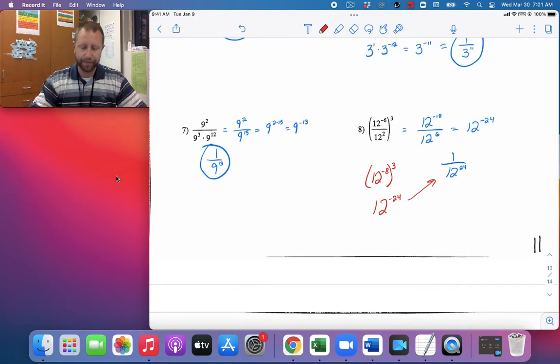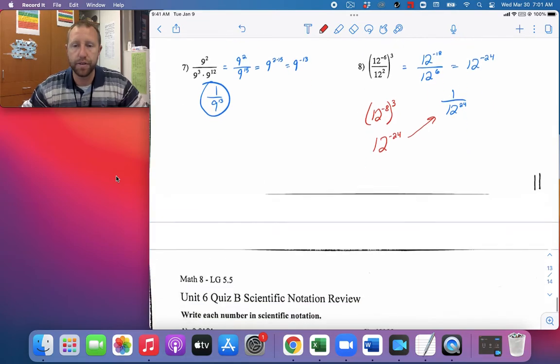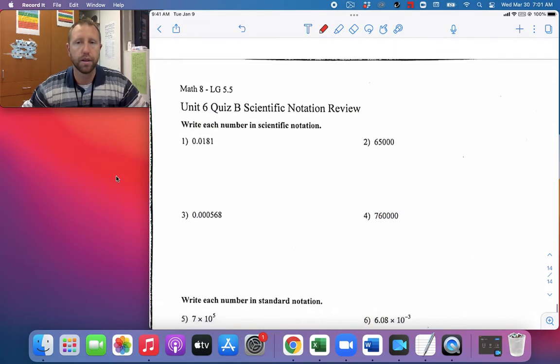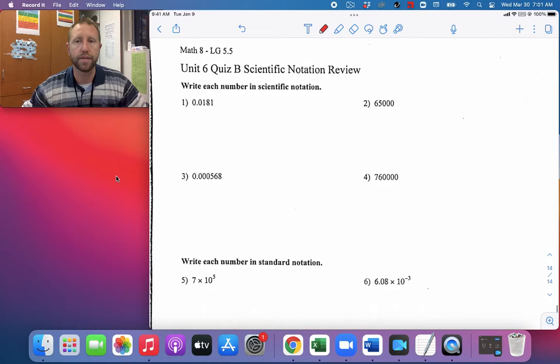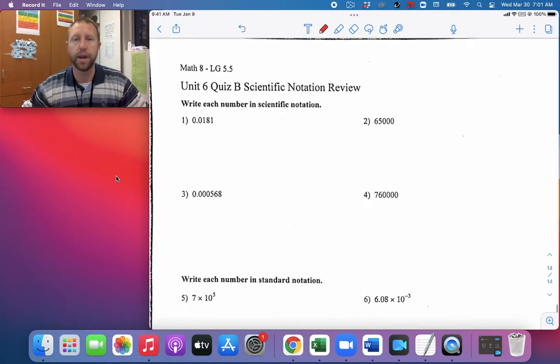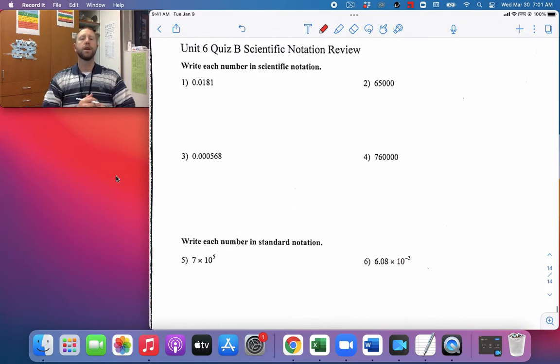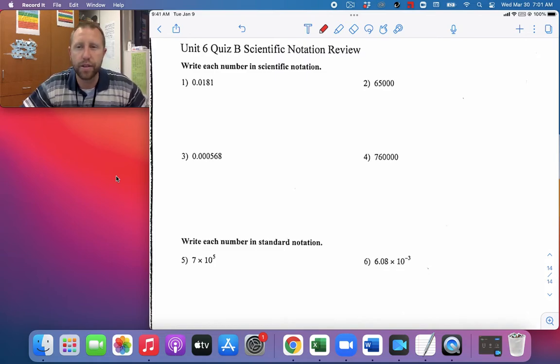All right. Moving on to our scientific notation. So here on the next page, let's see, that was page 11. So now I'm on page 12 of your packet, but I've got the scientific notation review. So for each of these numbers to be written in scientific notation, that's what they're having us start with.